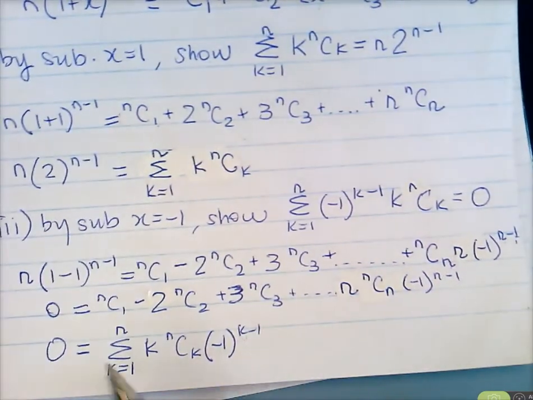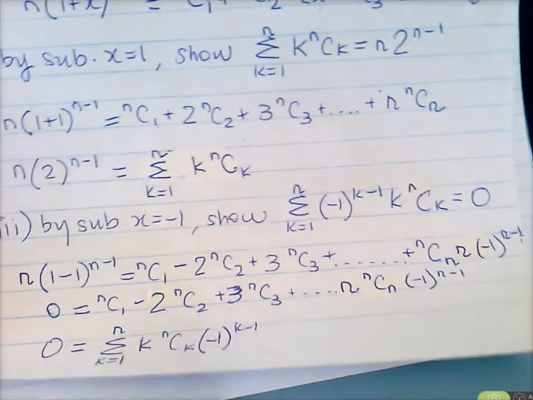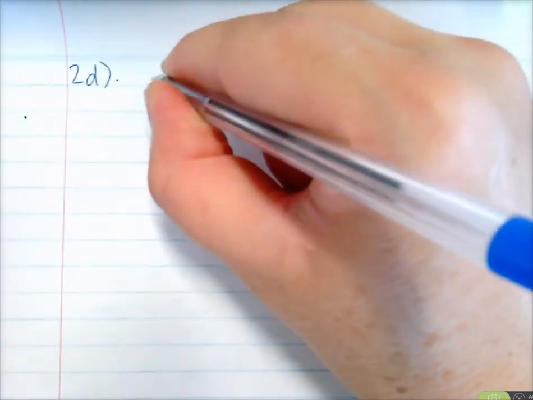That's the end of question C, part 3, by substituting x is negative 1. Now, for part D, it says to integrate the function again. So, question 2D, it says to integrate both sides of the identity.